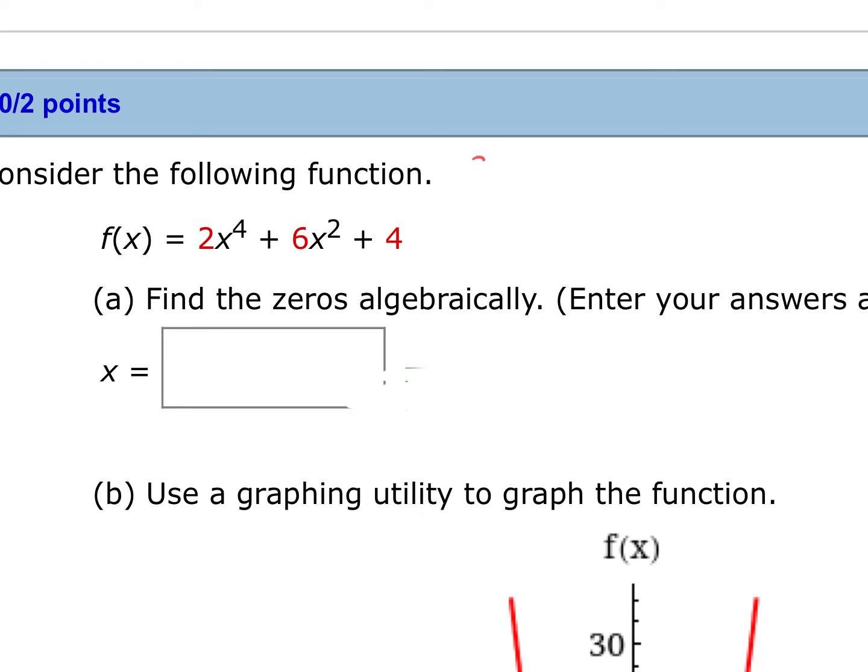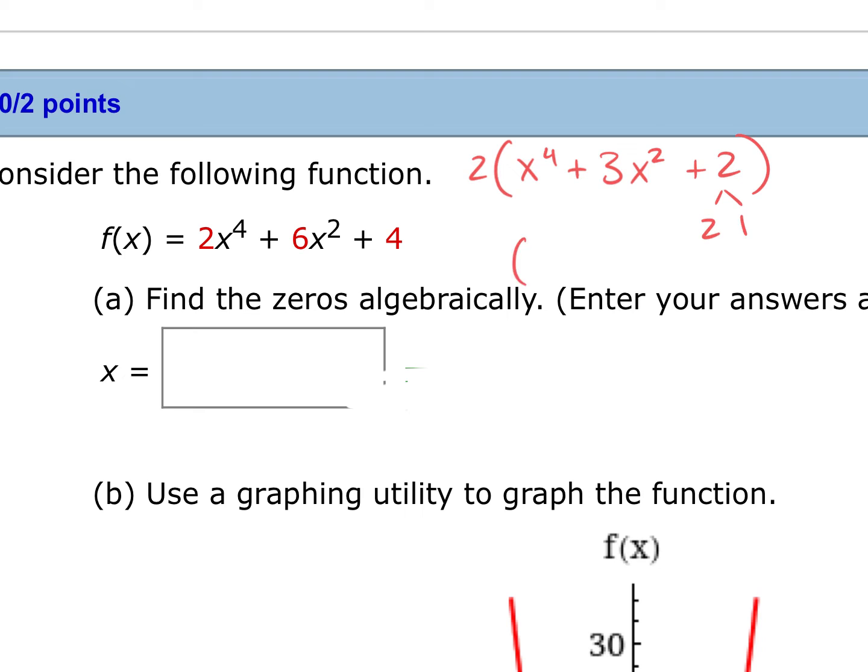Take out a 2. So now I'm left with x to the 4th power plus 3x squared plus 2. Do I have two factors of 2 that add to 3? 2 and 1.